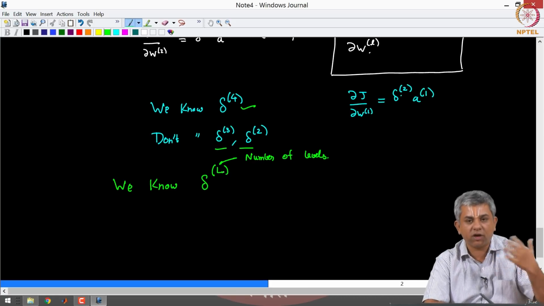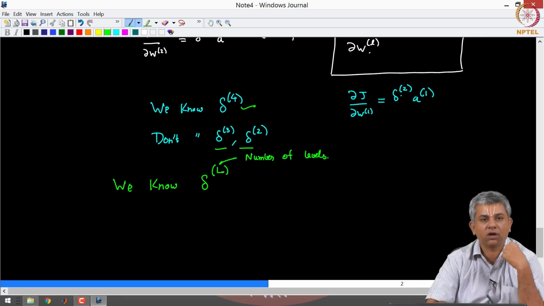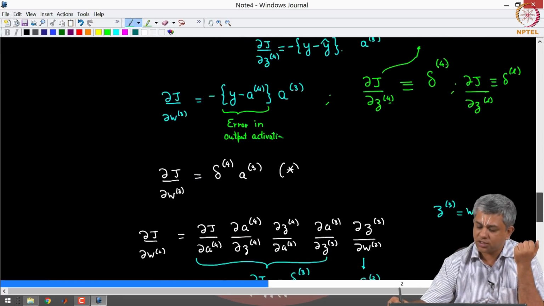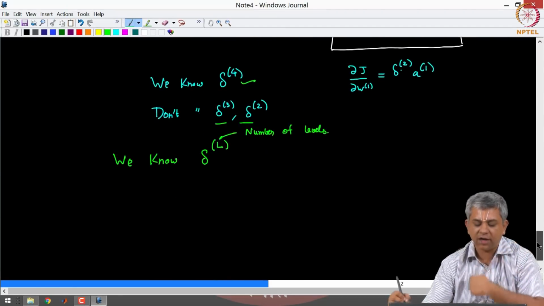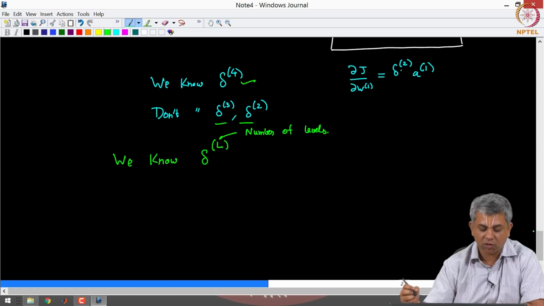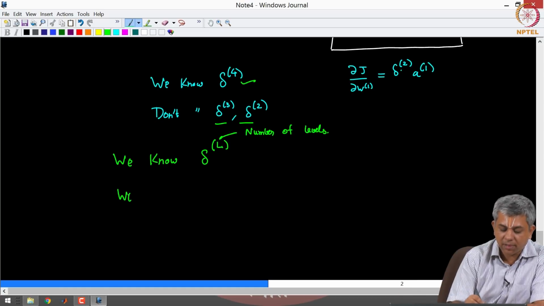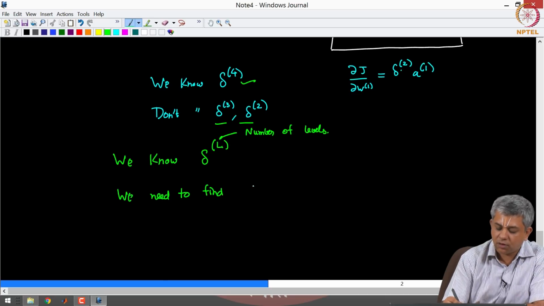You can always find out this as a combination of analytical and computational procedures using the same idea that we did here. You just differentiate it, use whatever nonlinearity you have there. So, that can be found out. So, we need to find other deltas.